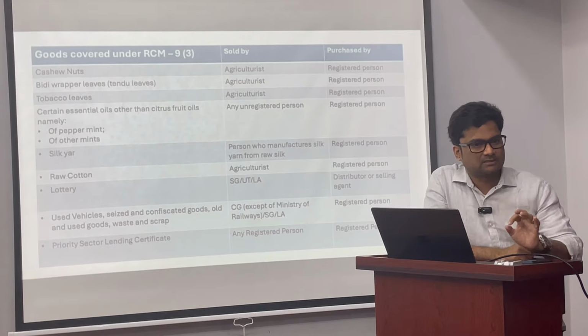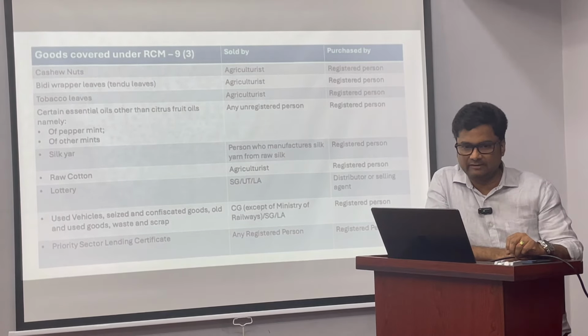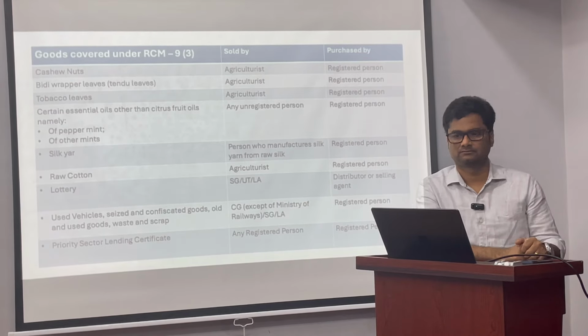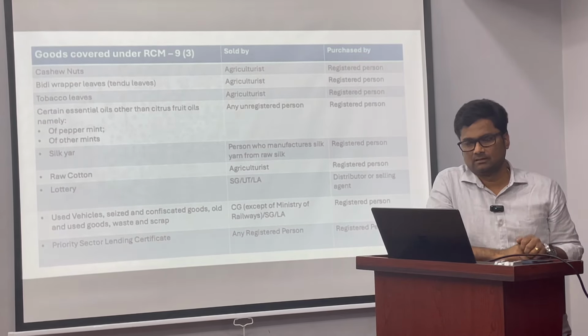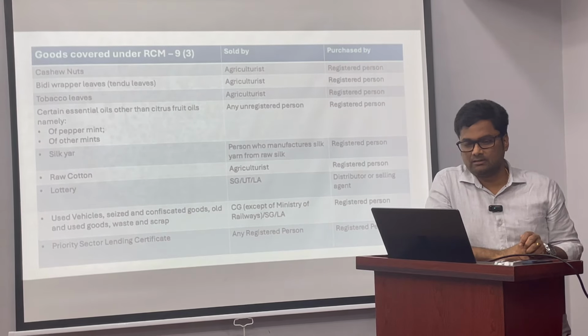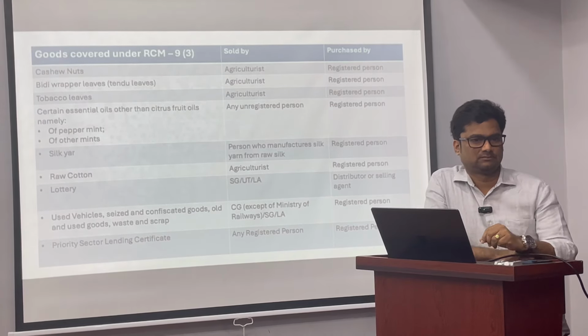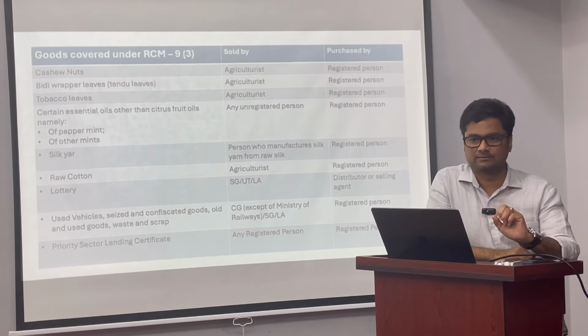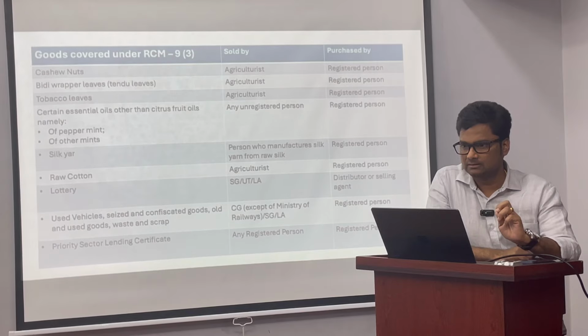Sand, 5% is the only rate of tax in the tariff, but now 18%. Okay, this is also reverse charge. Reverse charge applicable for builders, promoters. You got the point?